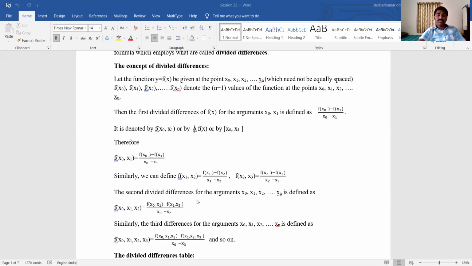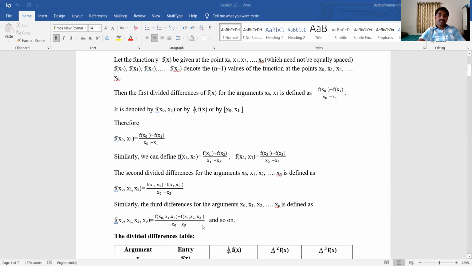The second divided differences for the arguments x0, x1, x2, and so on, xn is defined as f of x0, comma x1, comma x2 is equal to f of x0, x1 minus f of x1, comma x2 divided by x0 minus x2.